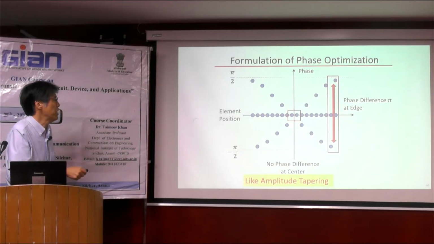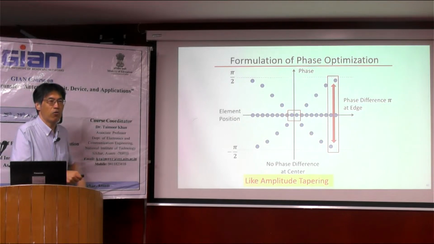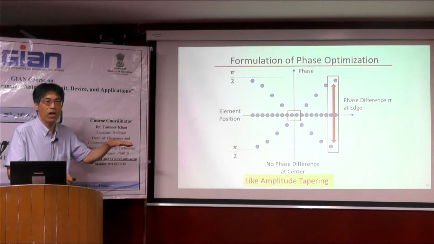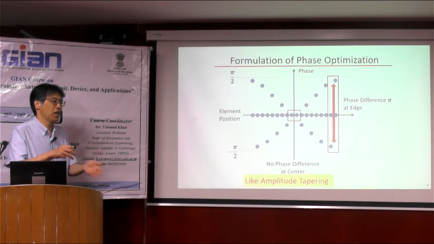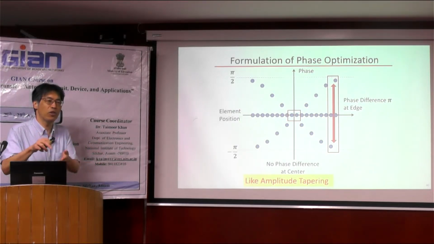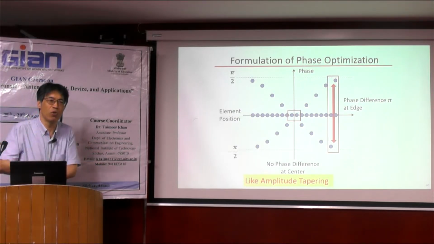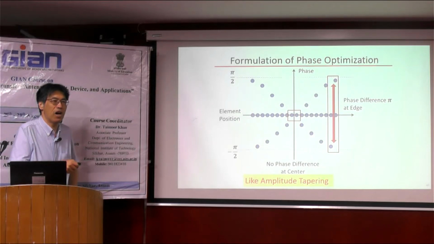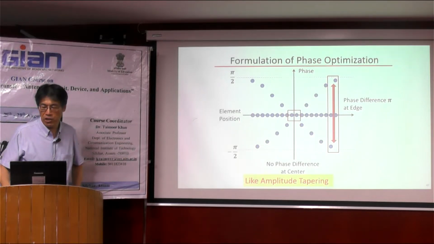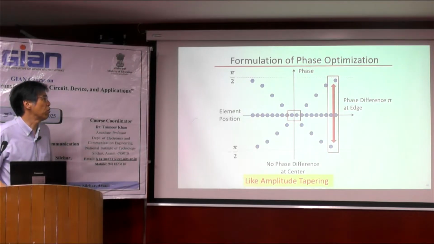So it means at the center, we keep the same power. But when we move to the edge, power from the two-set antenna becomes smaller. It means by changing the phase combination, we can create a very similar amplitude tapering result. So this is our recent result.